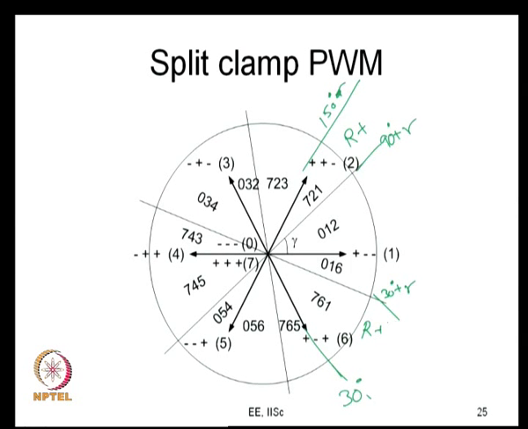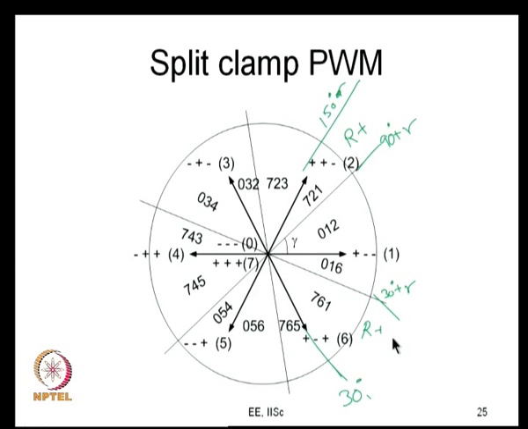So here it is gamma. This duration is gamma and this duration is 60 minus gamma. So it is clamped for duration gamma in one quarter cycle, and it is clamped for a duration 60 minus gamma in the next quarter cycle. So it is split clamp. A particular case is when gamma is equal to 30, and that is what is called your 30 degree clamp.